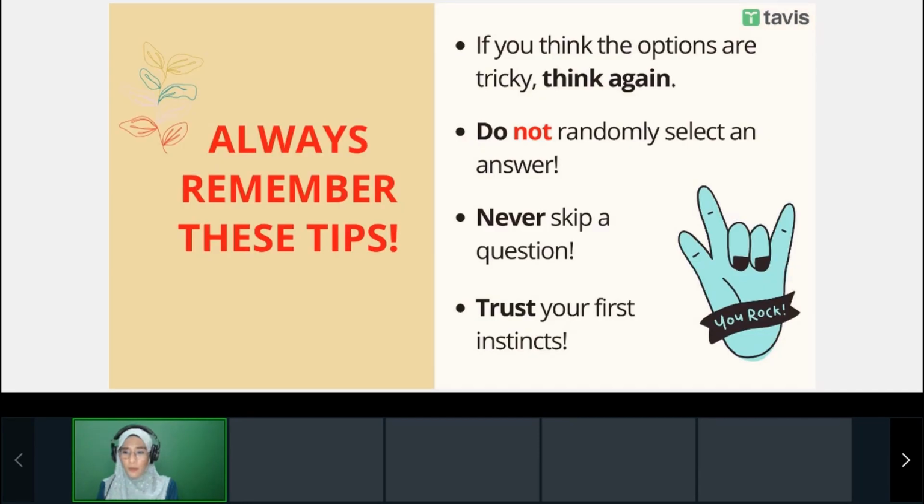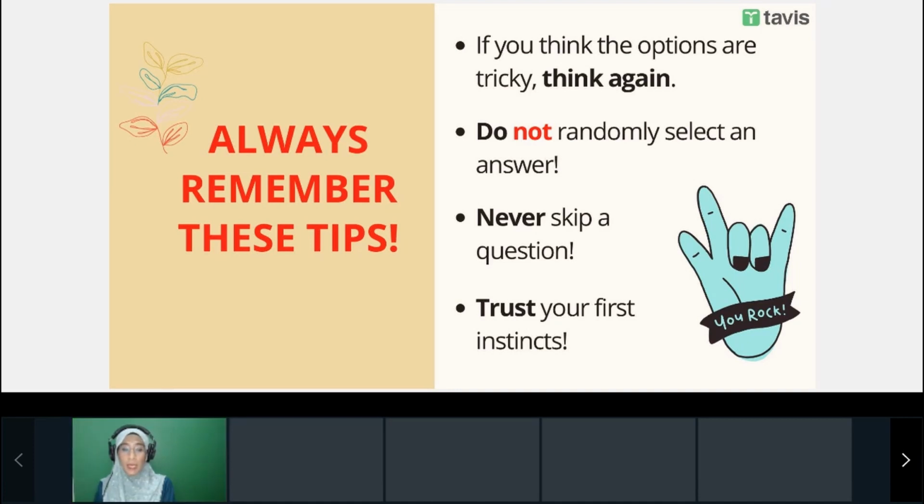Just a few more things to go. Always remember these tips. If you think the options are tricky, make sure you think again. And please do not randomly select an answer. That is totally a wrong move because you are going to lose marks if you make the wrong shot. Never skip a question, because it is compulsory to answer all questions.